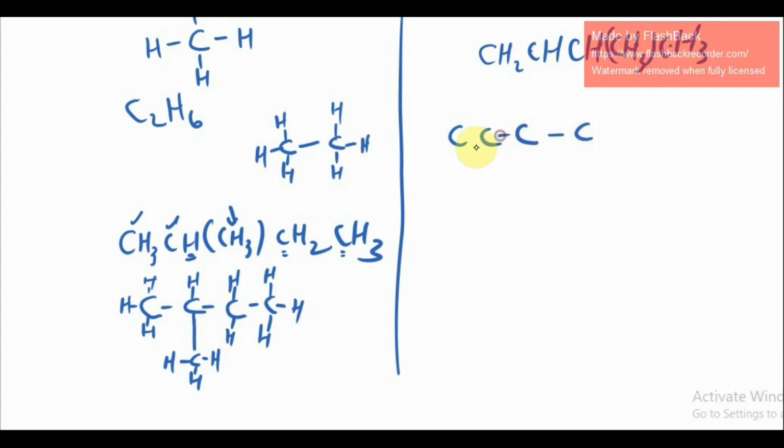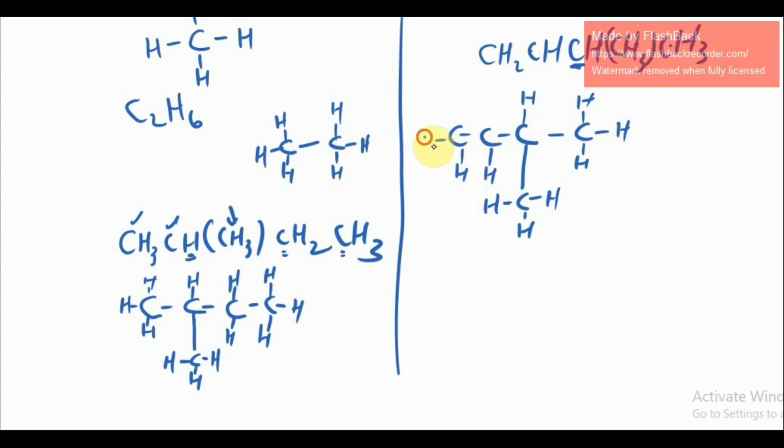So this carbon has 3 hydrogen atoms. Then this one has only 1 hydrogen atom, and also the branch. So there is that side chain. Then this one has only 1 hydrogen atom, but this one has 2 hydrogen atoms.